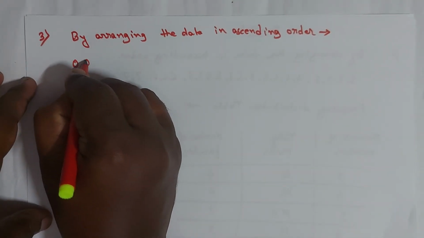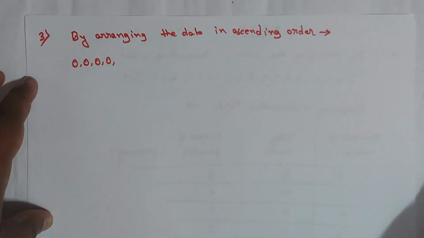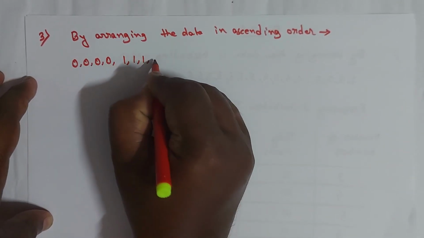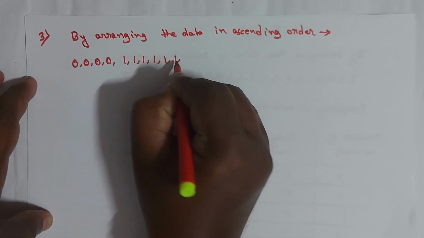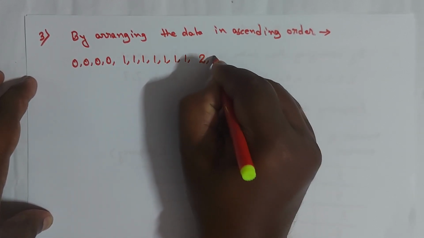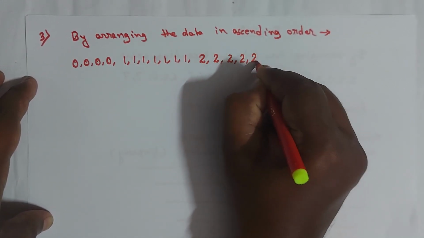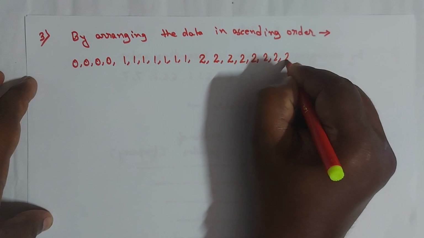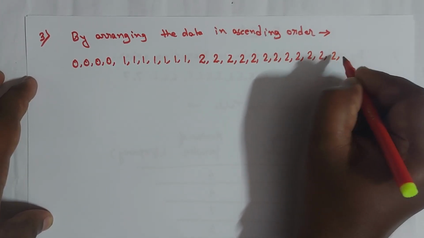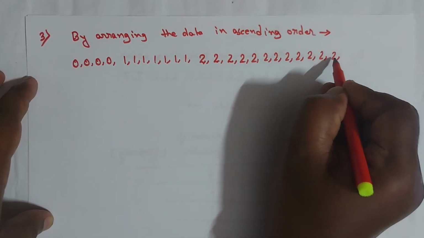0, 0, 0, 0, then 1. Then the small 1 is 7 times: 1, 1, 1, 1, 4, 5, 6, 7. Then is 2. 2 is 12 times: 1, 2, 3, 4, 5, 6, 7, 8, 9, 10, 11, 12.